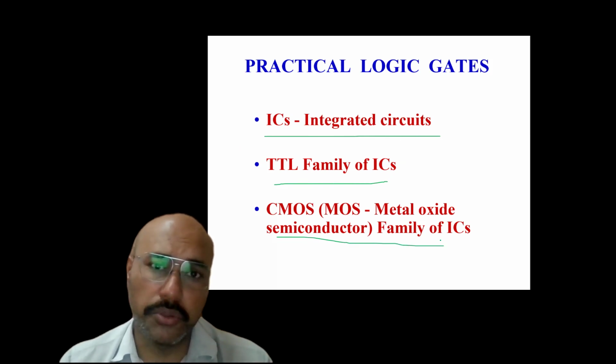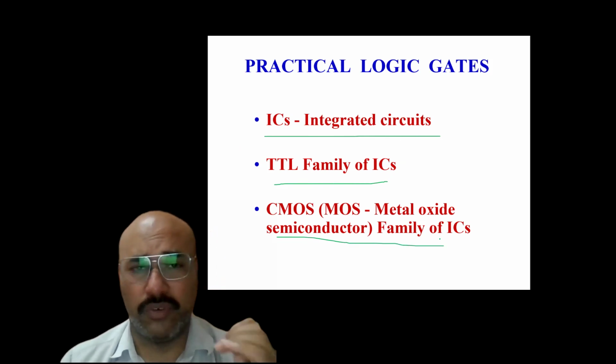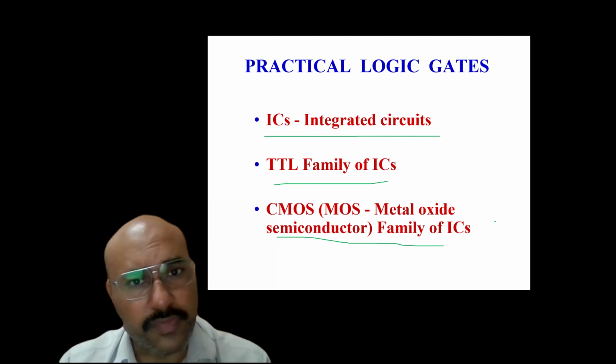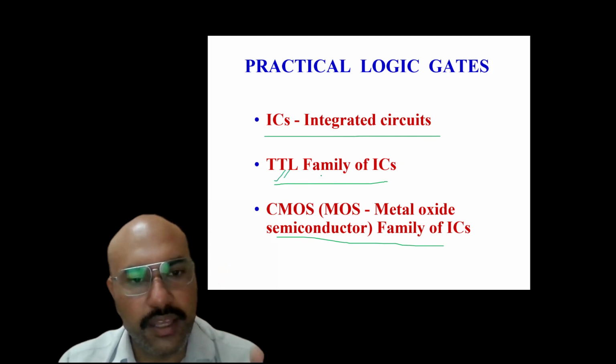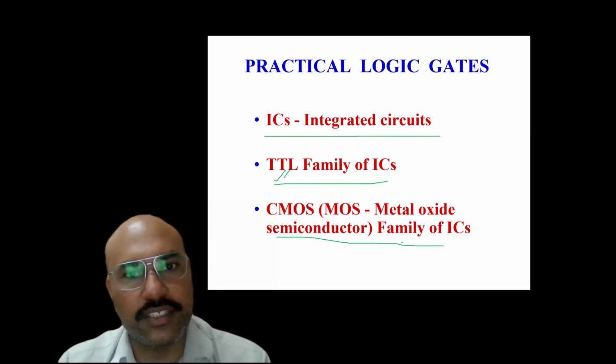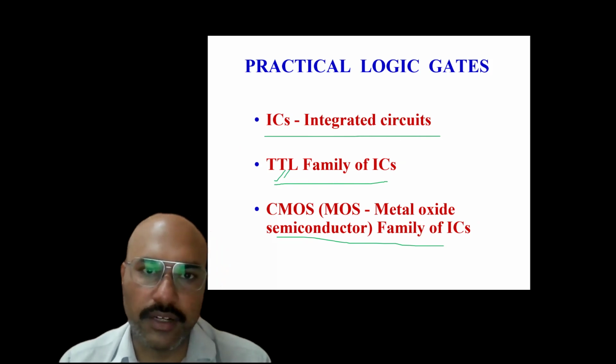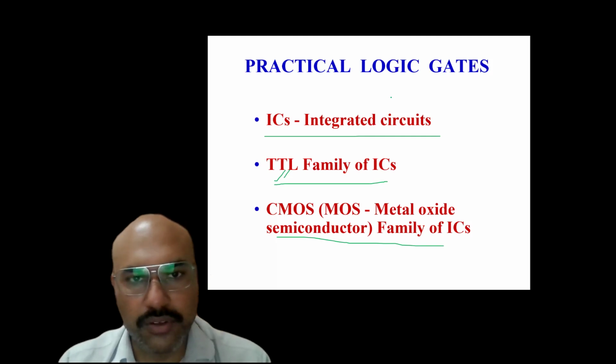So whatever logic gates you use, AND, OR, NOT, XOR or XNOR, they are always available in the form of ICs, made in the TTL logic family. And these TTL families are always designed with the help of CMOS inverters or metal oxide semiconductor field effect transistors or transistors. So that's all for this particular video.